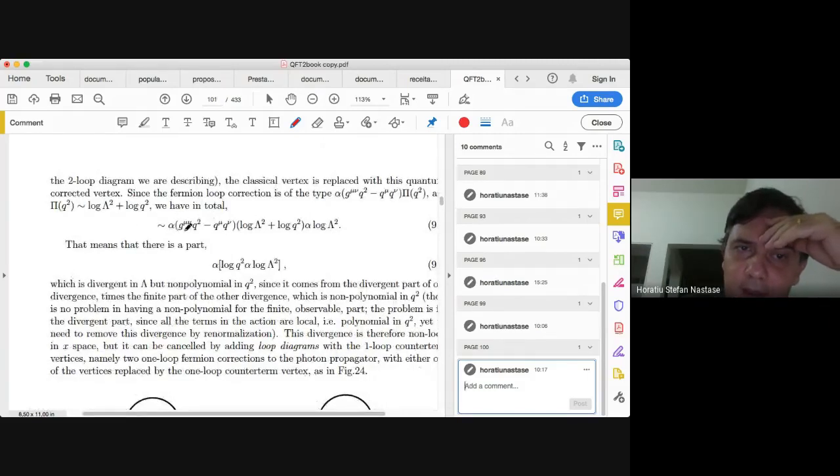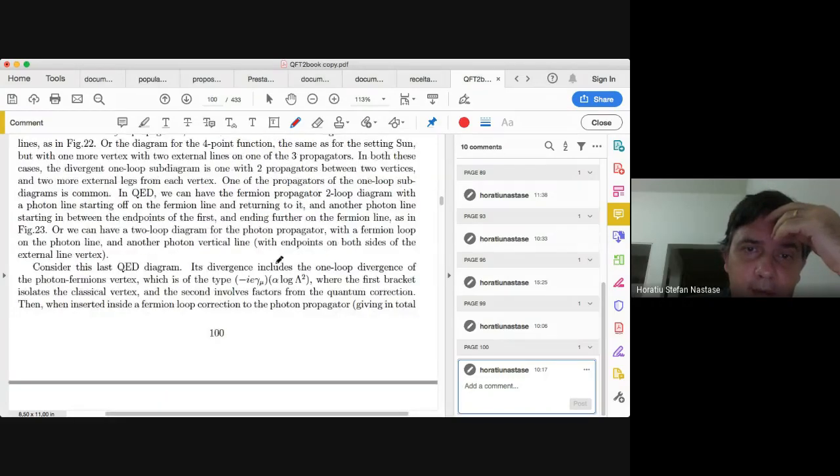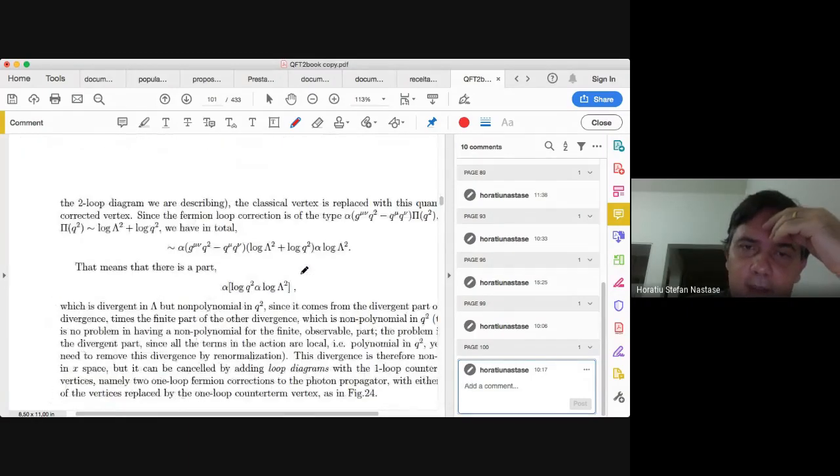It's alpha (g mu nu q squared minus q mu q nu) times log. And we've also seen that pi of q squared goes like log lambda squared plus log q squared. So then we have alpha (g mu nu q squared minus q mu q nu) times this pi, so log lambda squared plus log q squared, times alpha log lambda squared. So that was the correction for the vertex.